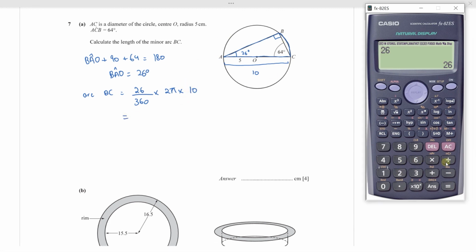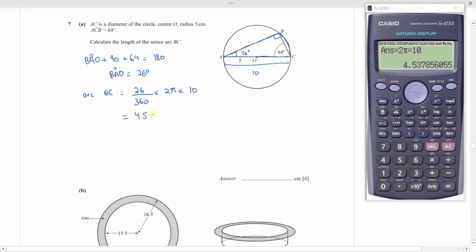So 26 divided by 360 multiplied by 2 pi into 10. So this is 4.54 to three significant figures. So 4.54 centimeters will be your arc length BC.